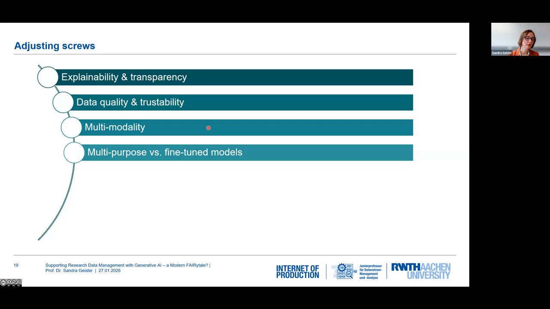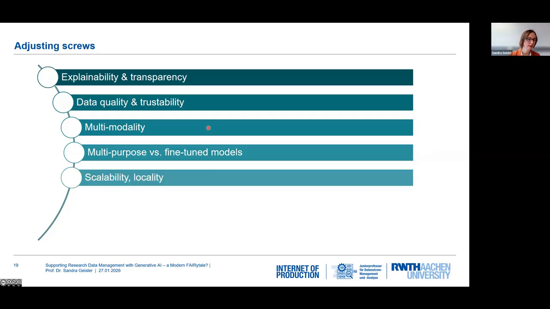Then we also need to see what we can do about fine-tuning. Of course, efficiency is one aspect. How big are the models? Where can we run the models? And what kind of results do we get if we use a multi-purpose or fine-tuned model? And finally, also scalability and locality.